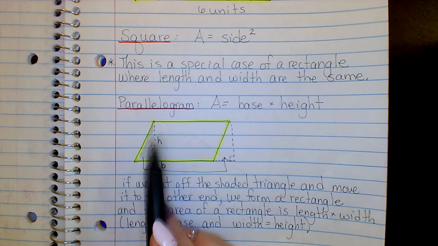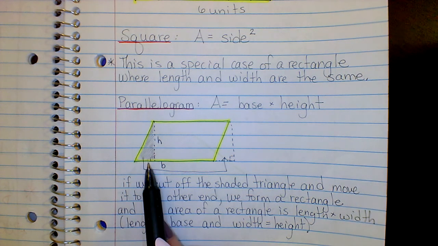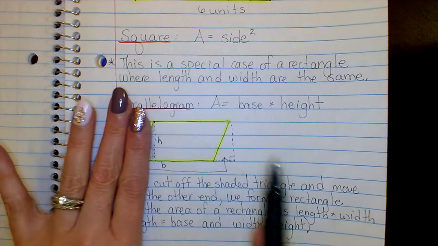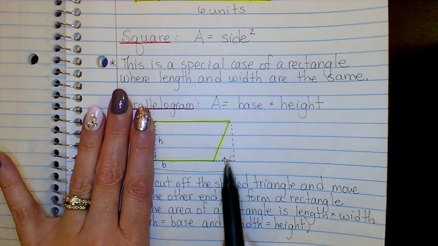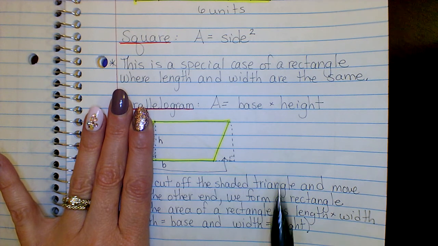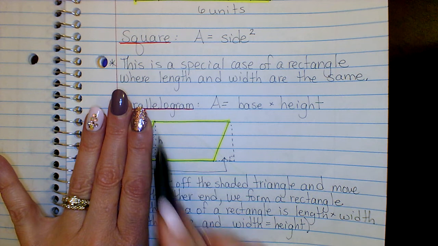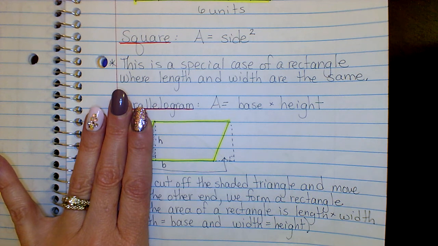Well, if you cut off this little shaded triangle and you move it over here, you form a rectangle. And this rectangle has an area of length times width. And that length is going to be that base, and the width is going to be that height.